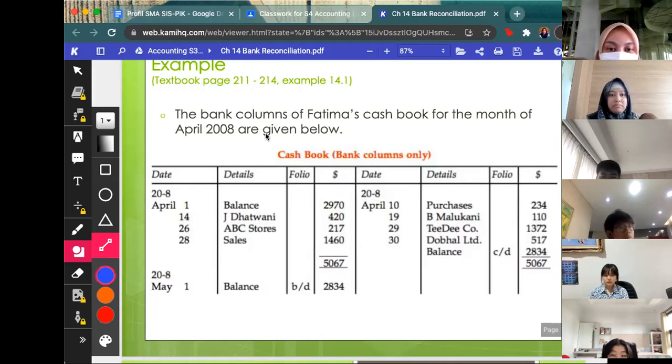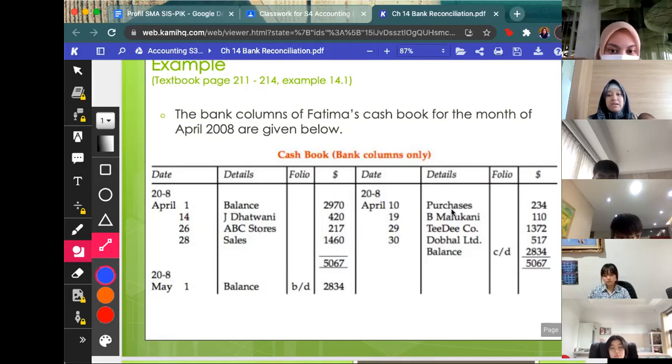Okay, next. The bank columns of Fatima's cash book for the month of April 2008 are given below. So in this question, you are given the cash book of Fatima's. So the business is Fatima's. On April 1st, we have a balance of 2,970. It means at the beginning of April, the bank balance is positive. Then you will see that Fatima received checks from J. Datwani and ABC Stores, and she also banked her sales, which is 1,460.